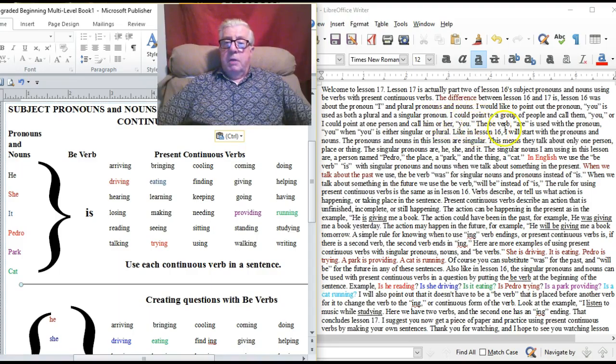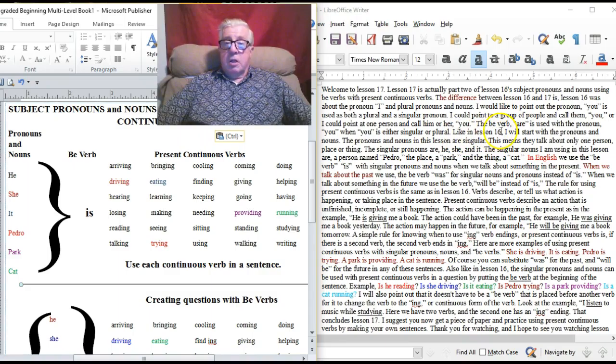The be verb are is used with the pronoun you when you is either singular or plural. We still use that same be verb are, singular or plural.